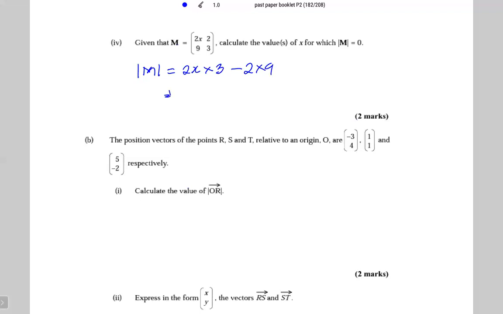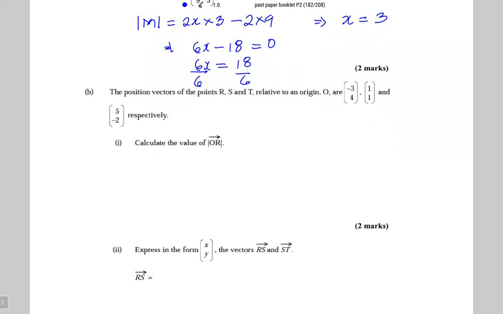So therefore, this is 6x minus 18, that is equal to 0. So 6x would be equal to 18. Divide both sides by 6. And so x would be equal to 3. So in order for the mod of M to be equal to 0, x would be equal to 3.